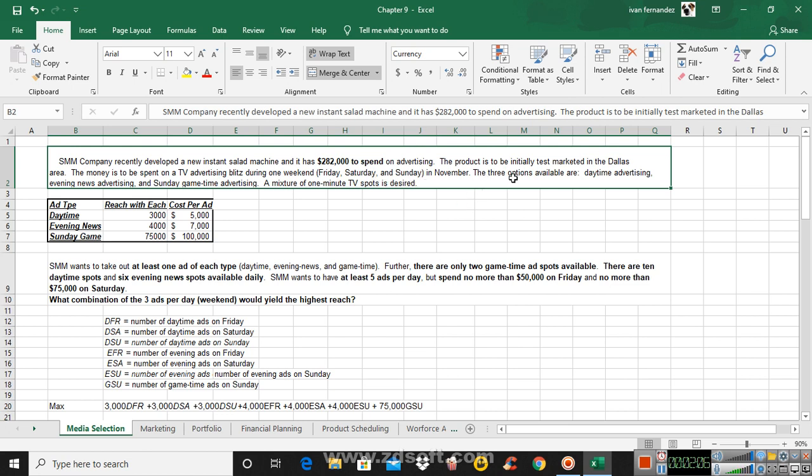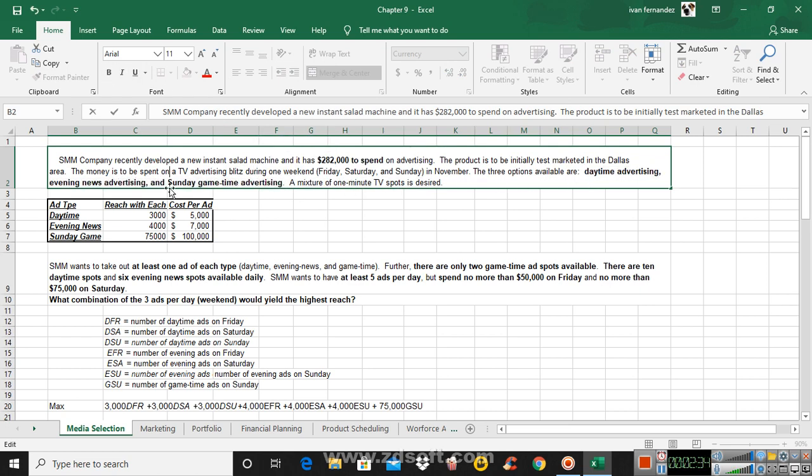The 3 options available are daytime advertising, during the day, evening news advertising during the evening, and Sunday game time advertising. Notice, this was interesting. Let me bold those 3, because that's important. Even though there are 3 days, they're telling me that one of them is a Sunday game time advertising.